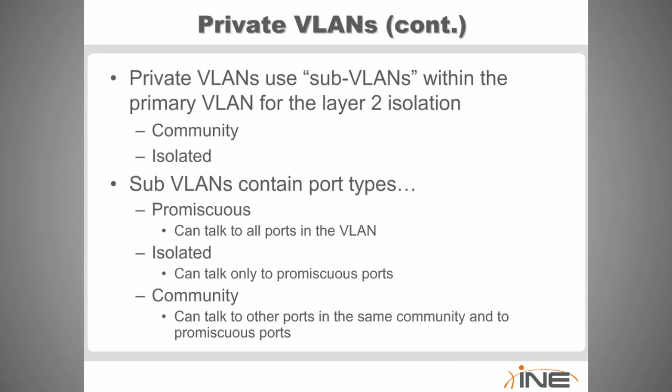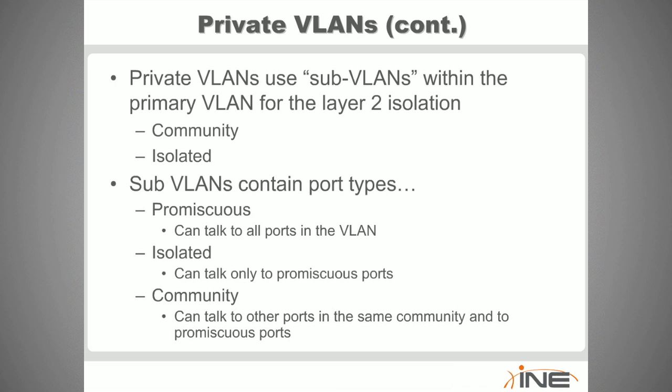These 2 sub-VLANs are either community VLANs or isolated VLANs. Now, a community VLAN, anyone who has a port that is assigned to the community VLAN, they are allowed to talk to other devices in their community along with promiscuous ports.